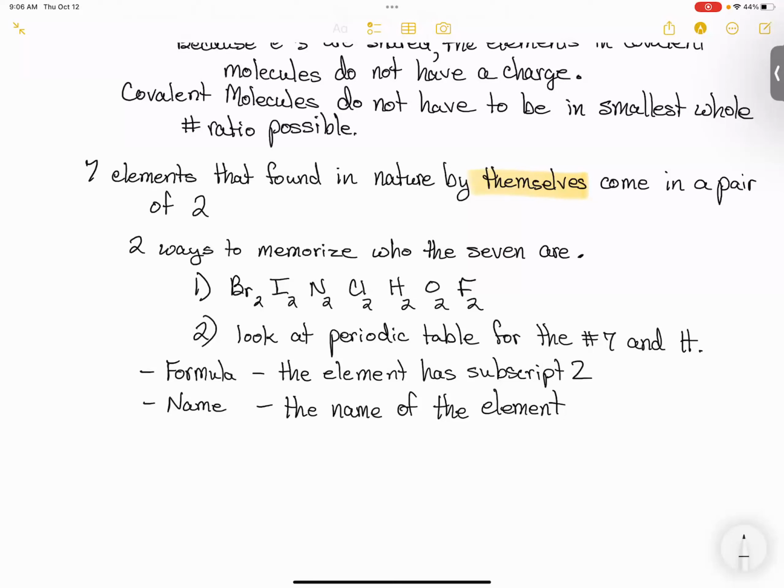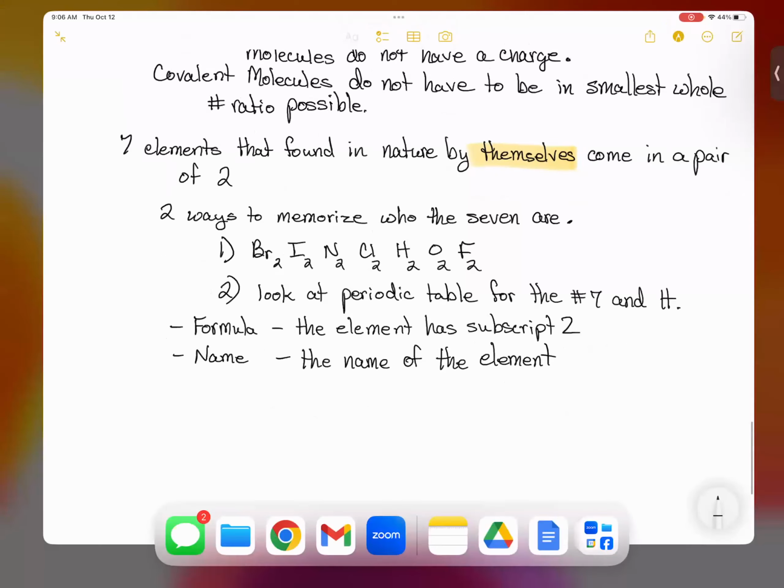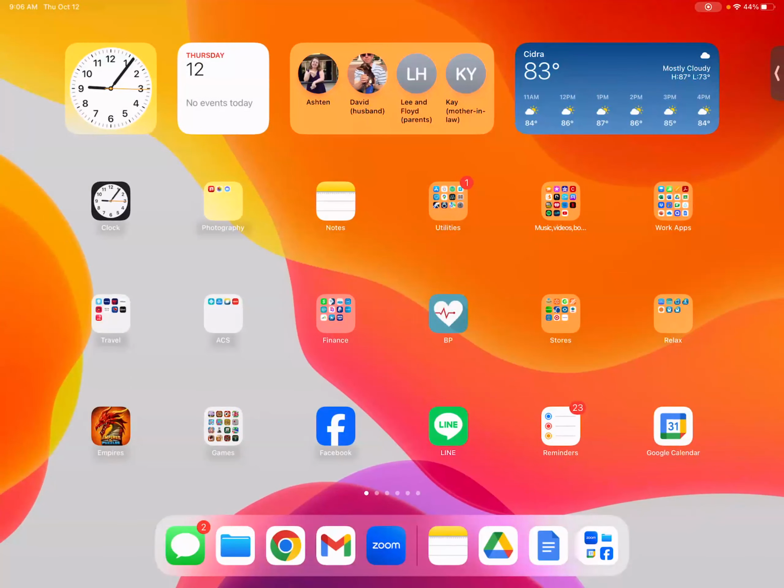And I will tell you in lab how to start studying for this naming and formula piece. I would do it after lab. That way I can just include lab stuff into it. I got to go write it.